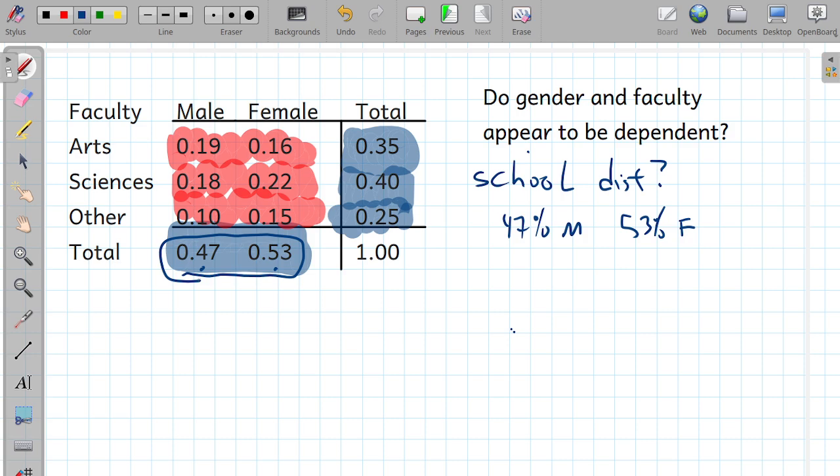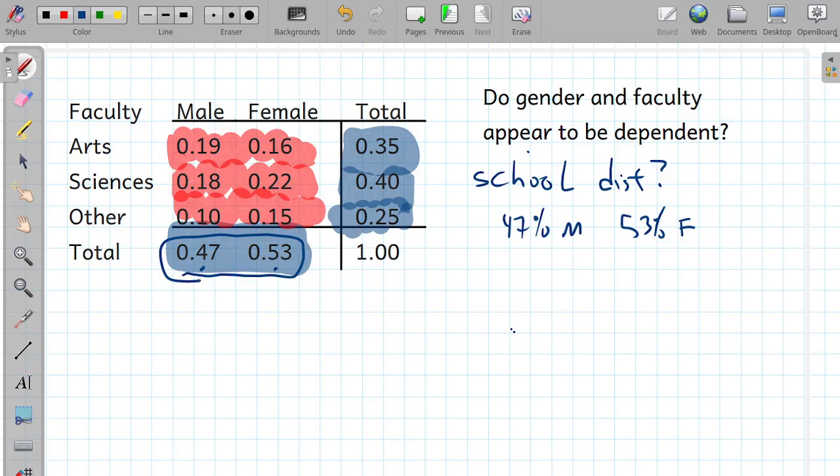If the male-female split in the faculty is close to 47 and 53, then there would be independence there. If they're different, they're dependent. Now, what qualifies as different?